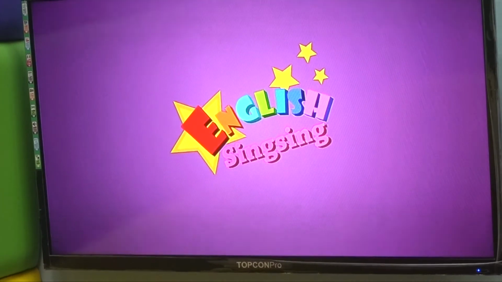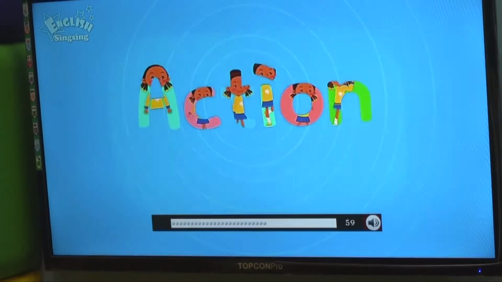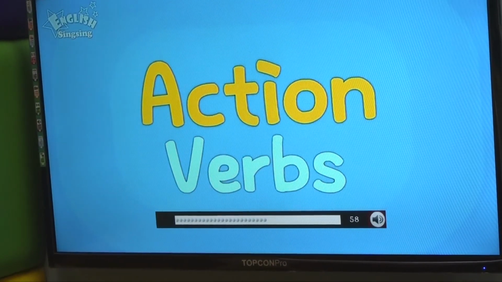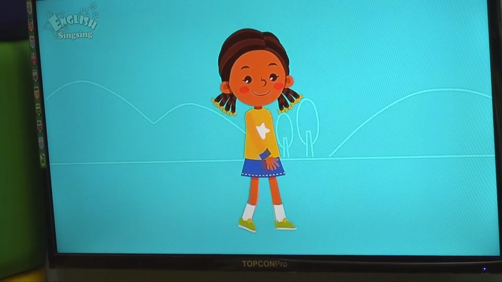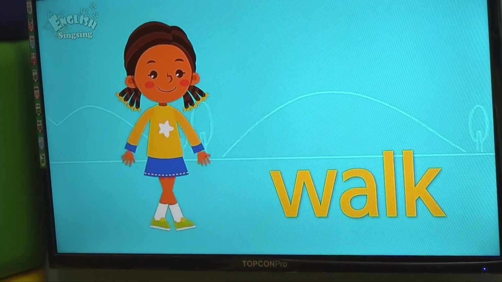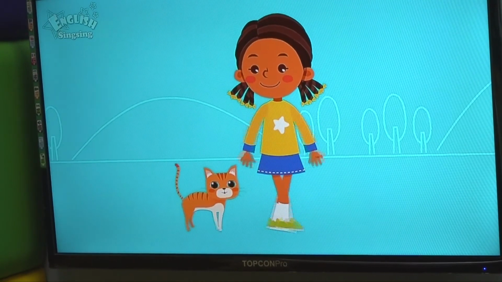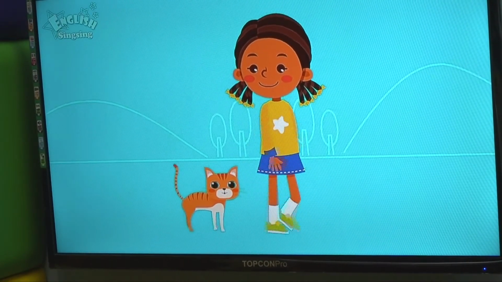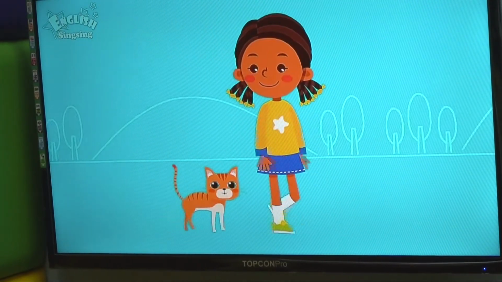English sing. Action verbs. Walk. You can walk. Walk. You can walk like a cat. Walk. Walk. Walk. Walk. Walk.